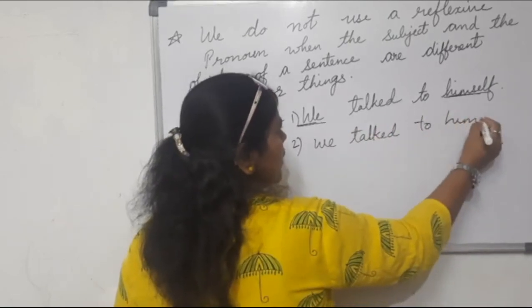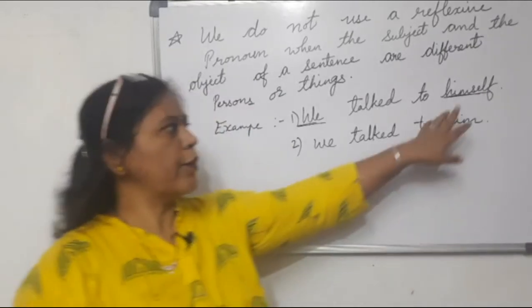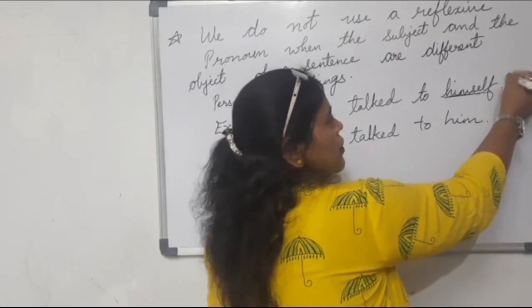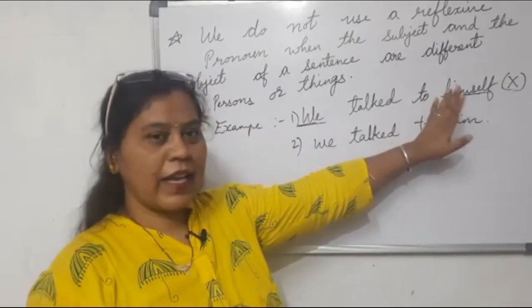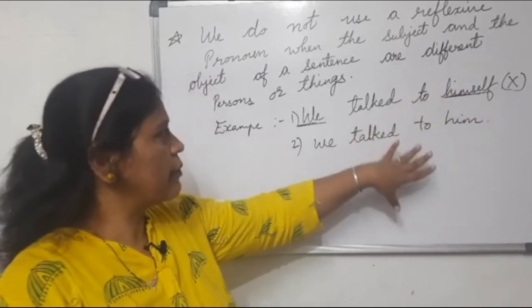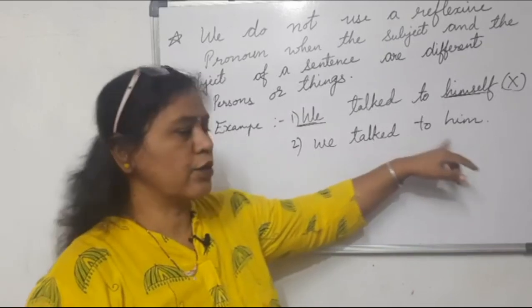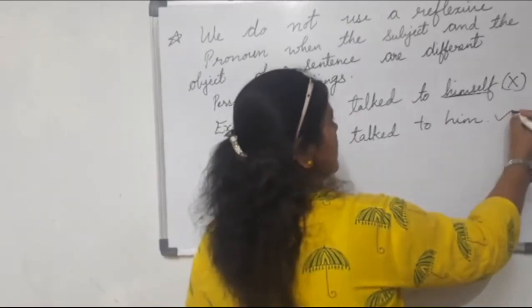There is no need of writing the reflexive pronoun himself, so it is wrong. Simply you can use a pronoun, that is we talk to him. So this sentence is a correct sentence.